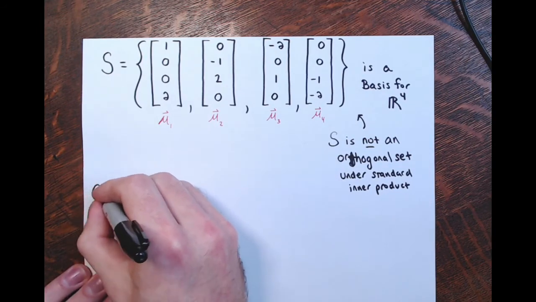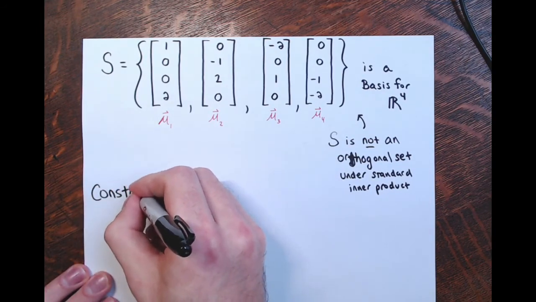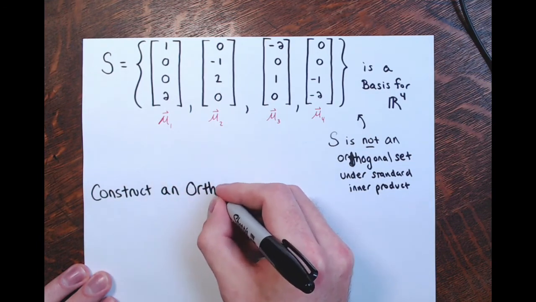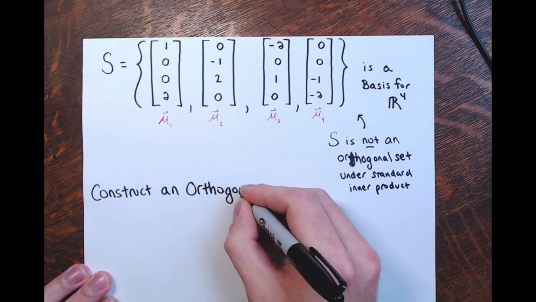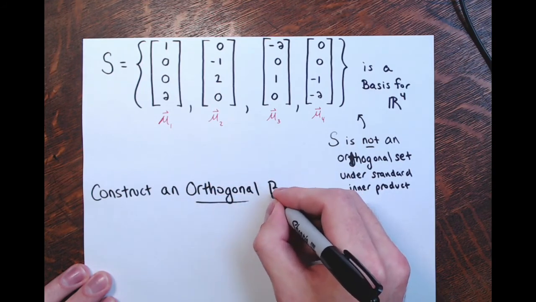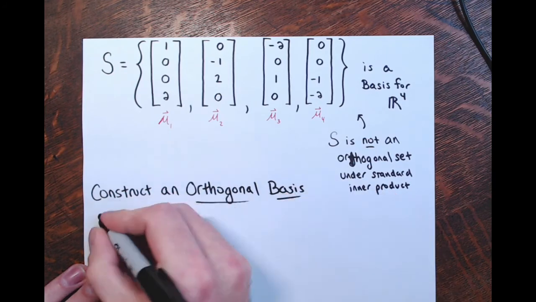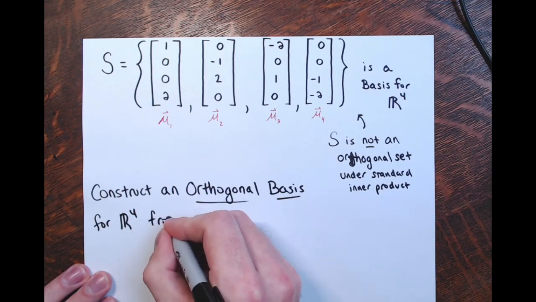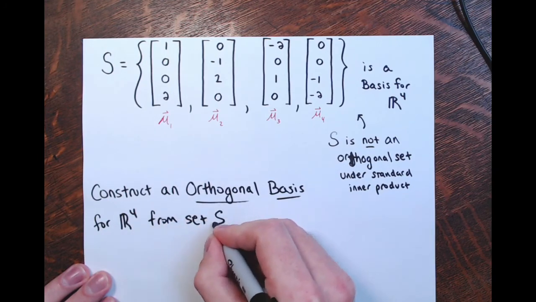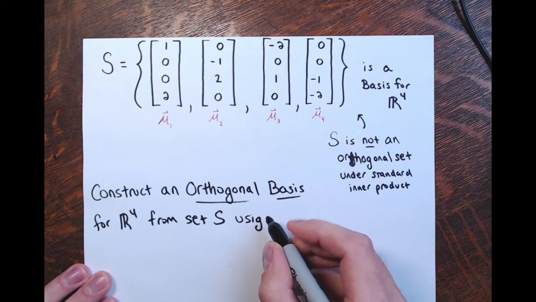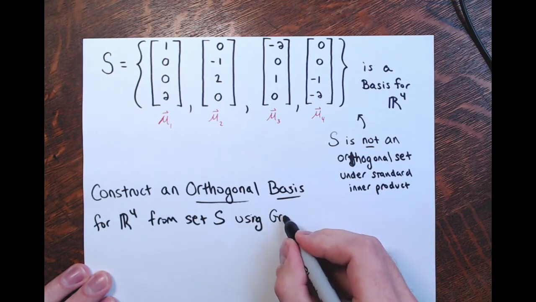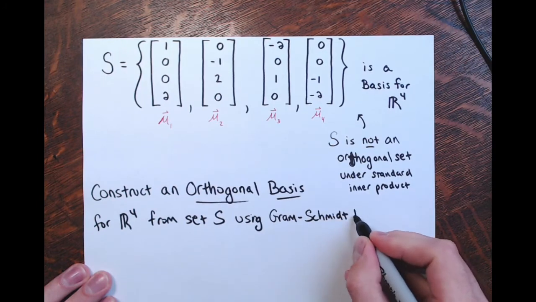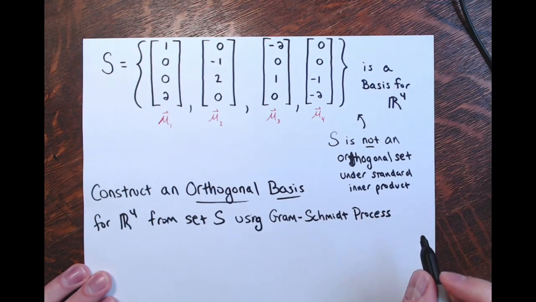So we're going to construct an orthogonal basis for R4 from set S, and using what's called the Gram-Schmidt process.